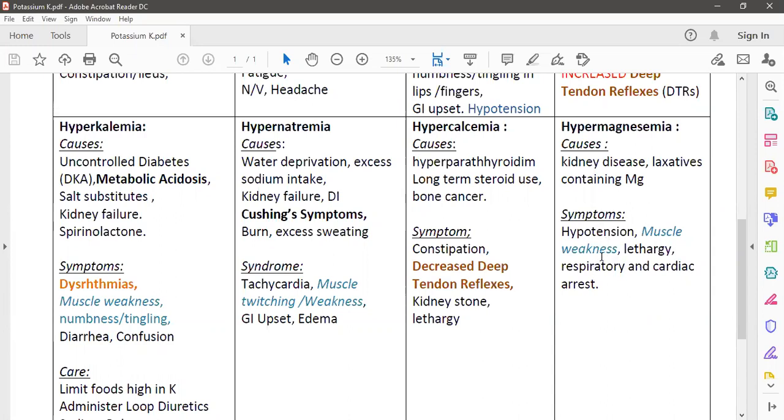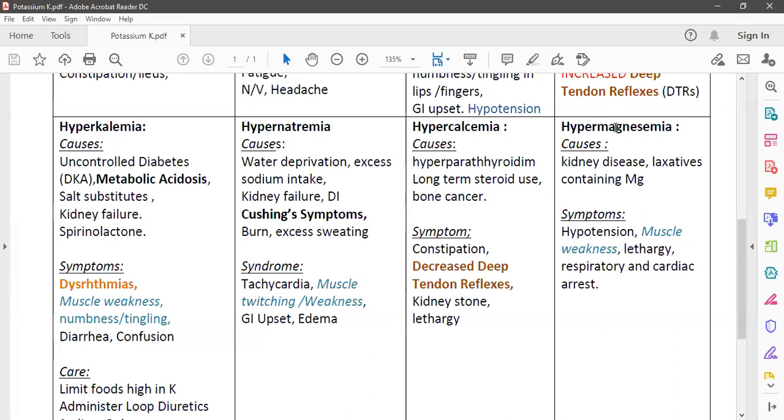Because of respiratory arrest. Administer calcium gluconate. If your patient has hypermagnesemia, give them calcium gluconate as prescribed, because calcium gluconate interacts with magnesium to form magnesium gluconate.